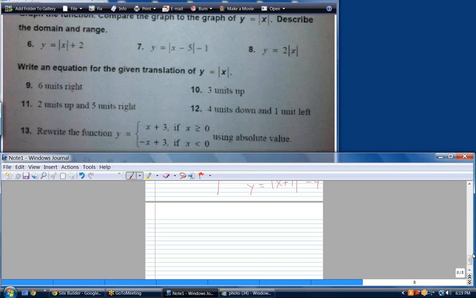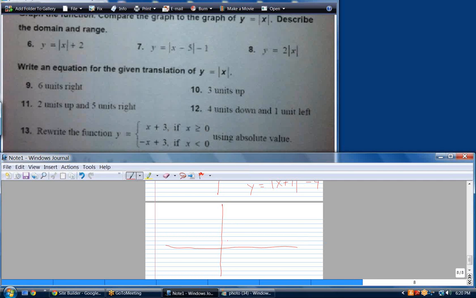Rewrite this function using absolute value. Well, first of all, just for edification here, let's plot it like we were doing before. Whenever x is greater than or equal to 0, our function is x plus 3.